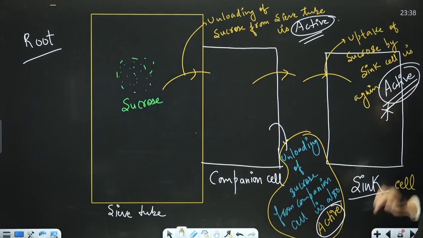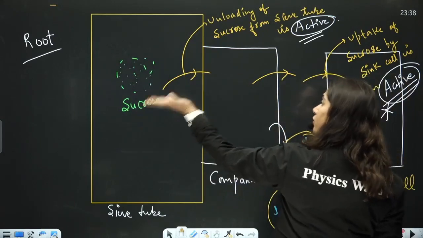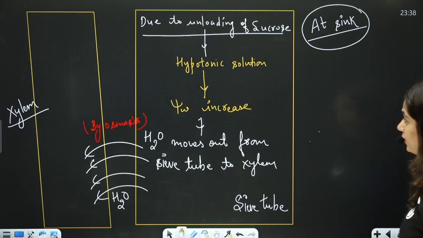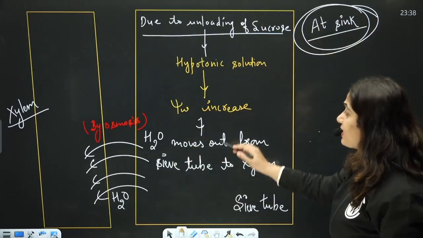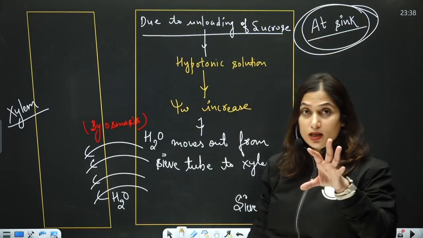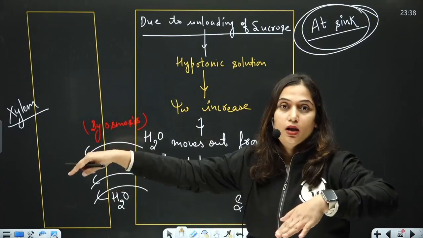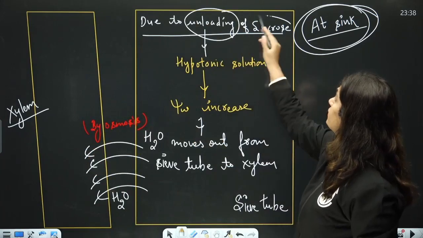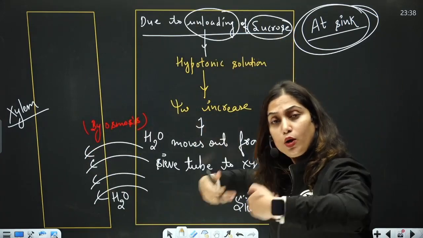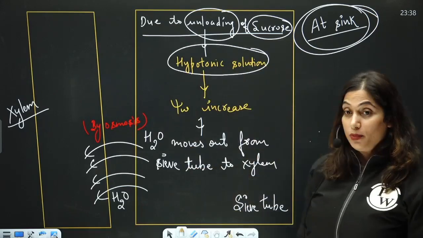This is also active. And what will happen when this sucrose unloads from the sieve tube at the sink point? Now what is happening at the sink? The sieve tube has given its sucrose out to the root cell, because of which, because of the unloading of sucrose from the sieve tube, a hypotonic solution is formed.